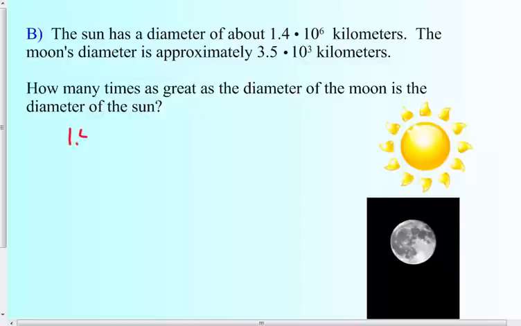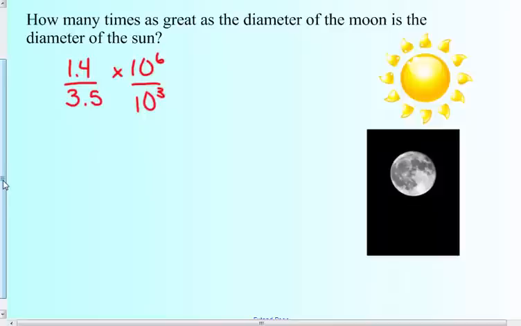So 1 4/10 divided by 3 5/10 times 10 to the 6th over 10 to the 3rd. So keeping the base and subtracting the exponents, I get 10 to the 3rd. 1 4/10 divided by 3 5/10 gives me the decimal 4/10 times 10 to the 3rd. Well, that answer is not in scientific notation.